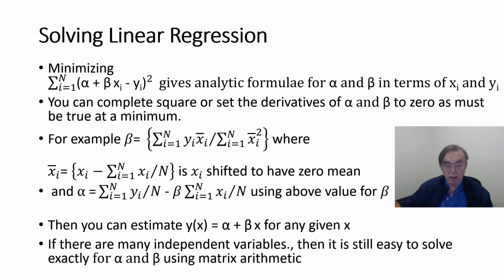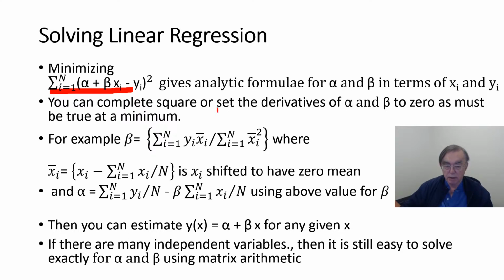So if we minimize this quantity here, we get this. We just look at this, it actually ends up as a quadratic in alpha and beta, and we can then complete the square, and then just use traditional manipulations to make the squares have an obvious minimum.